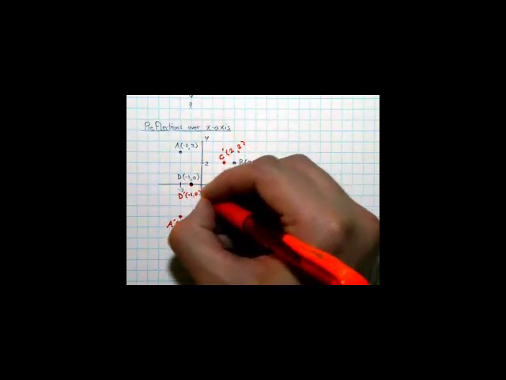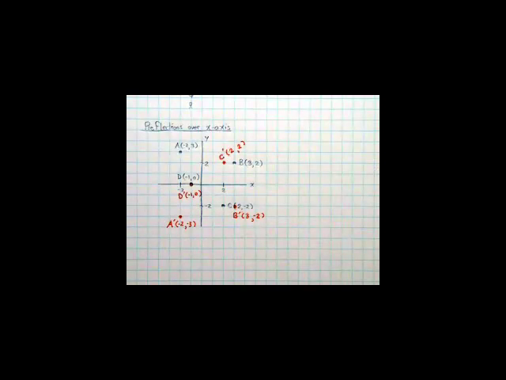Still negative 1, 0. Okay, so can anybody tell me what's the pattern that's going on with all the coordinates of these points when we reflect over the x-axis? Yeah, the y value changes. Right, the sign on the y value changes, from positive to negative, or vice versa. What about the x? Yeah, stays the same.